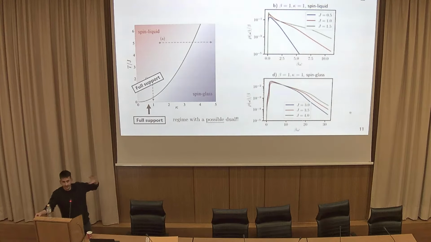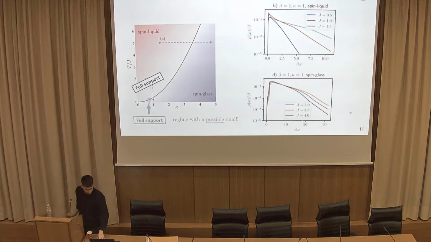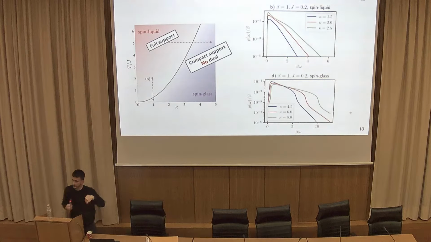I can tell you that, from numerics, if you go to low temperatures but larger kappa, you again see that kink behavior. The only region where we see exponential decay in the spin glass phase is for kappa from 0 to 1.